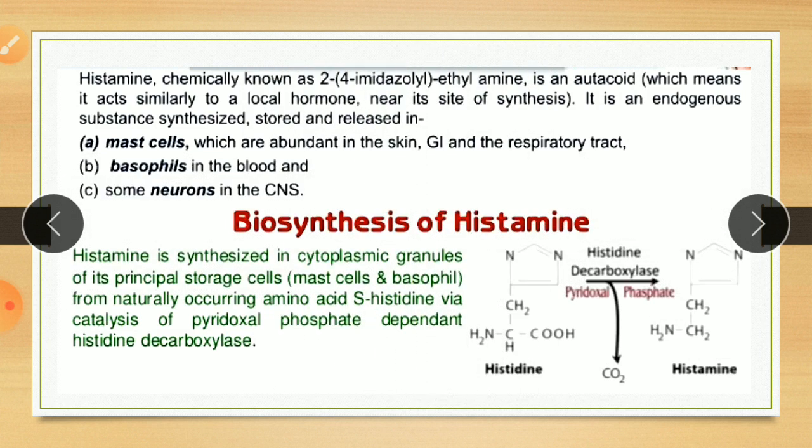Now histamine, as we know, chemically is 2-(4-imidazolyl)ethylamine. It is an autacoid, which means it acts similarly to a local hormone near its site of synthesis. It is an endogenous substance synthesized, stored and released in mast cells, basophils and in some neurons.